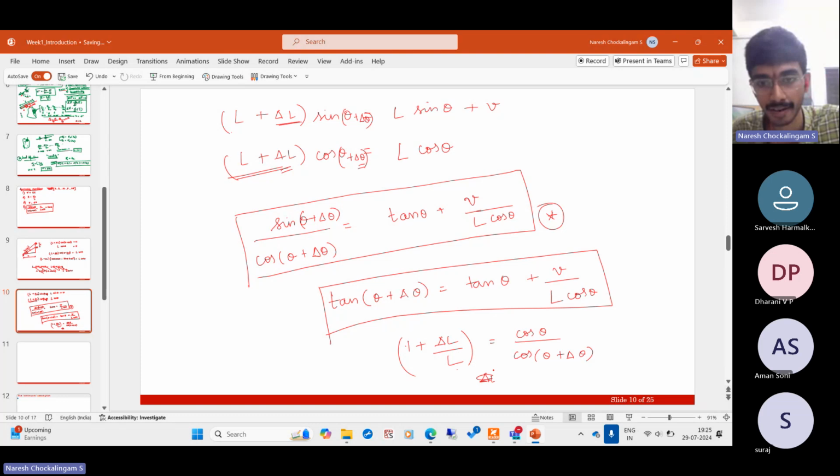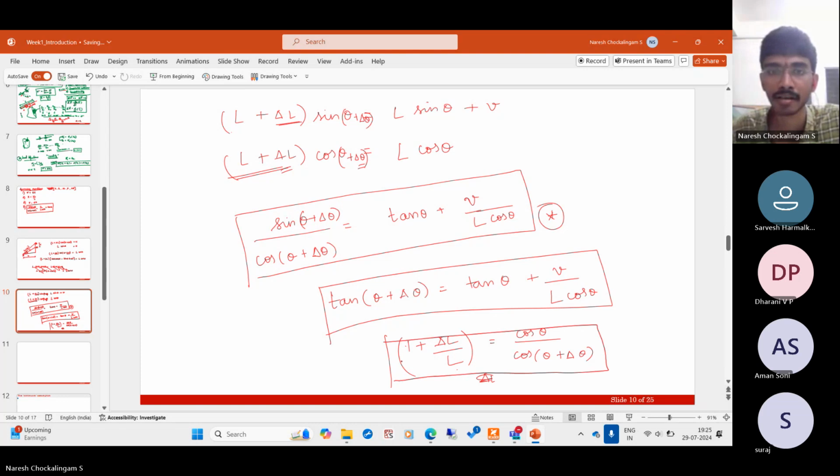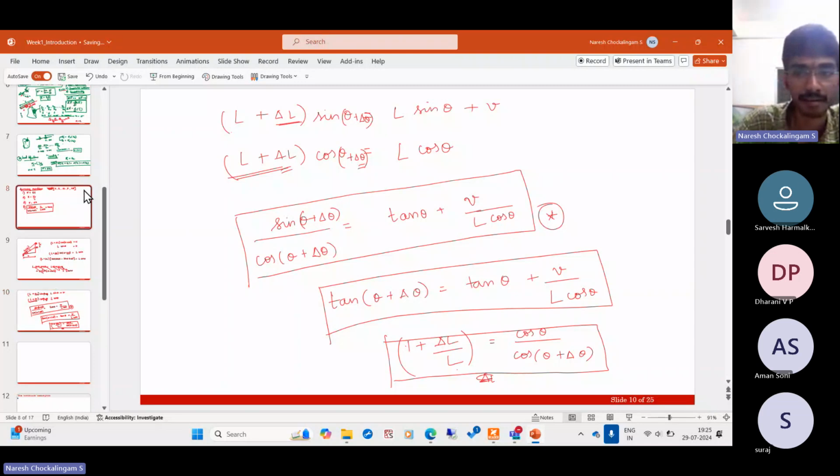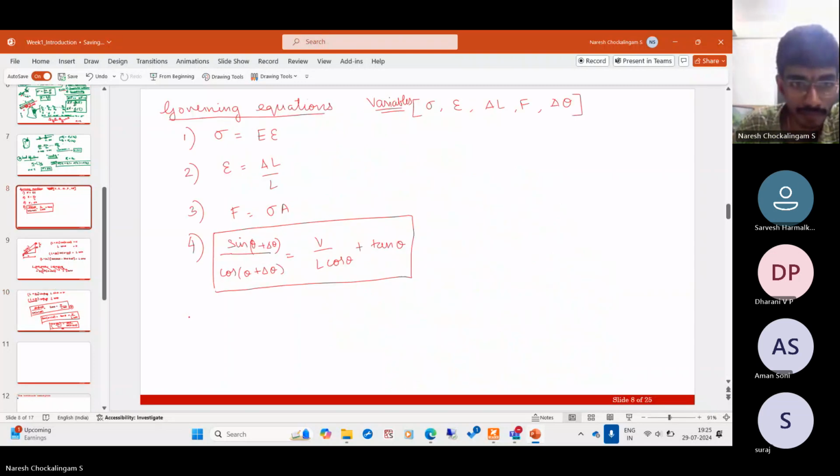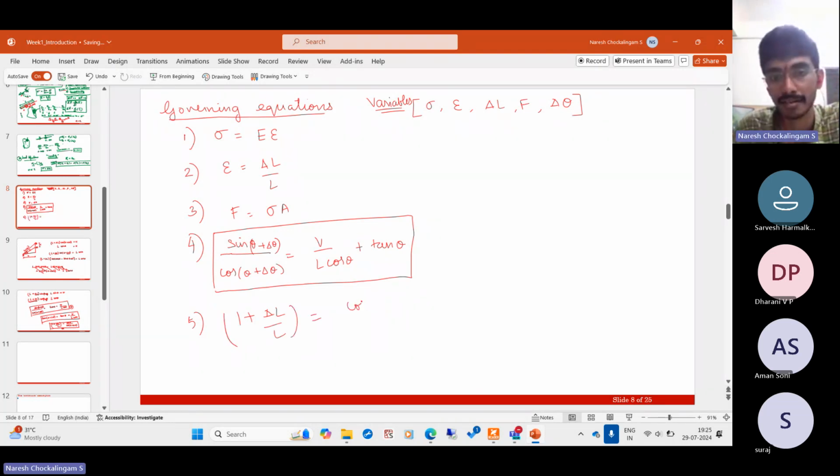So this is another equation. Either this or this. You can use either of them, but anyway, you don't need this unwanted V, so this is fine. So delta L by L is equal to cos theta by cos of theta plus delta theta.